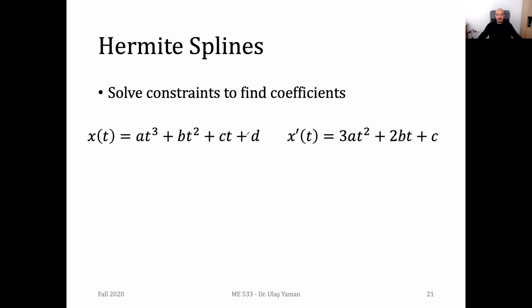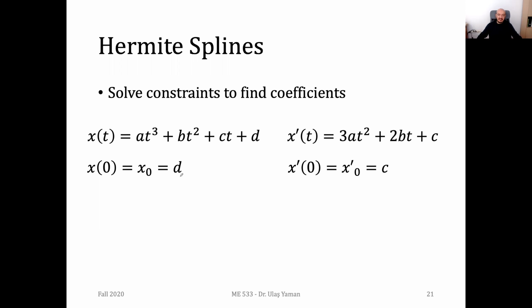Now by using the constraints, we will find the representations of these coefficients in terms of the constraints. For t equal to 0, we have x0 equal to d. And if we do the same with the tangent equation, you can obtain c in terms of the derivative of the first endpoint, which is the starting point.